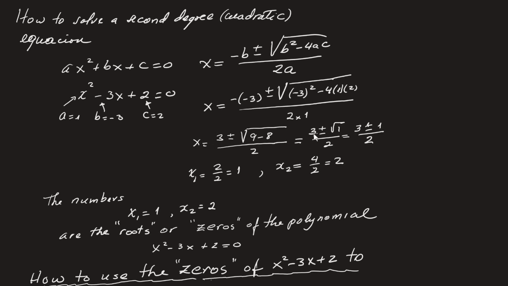Check those steps. 9 minus 8 is 1. The square root of 1 is 1.